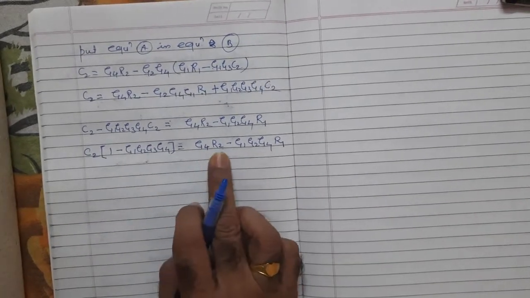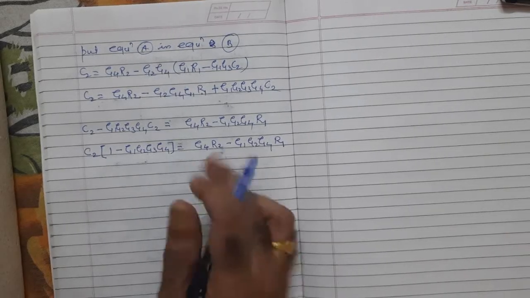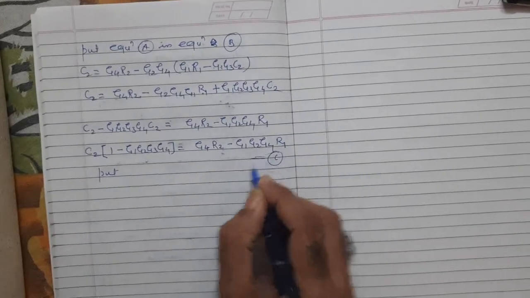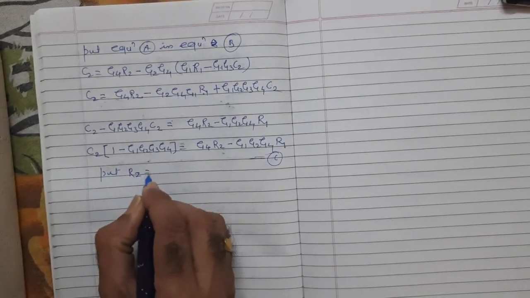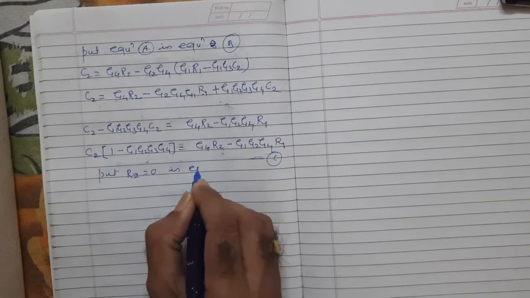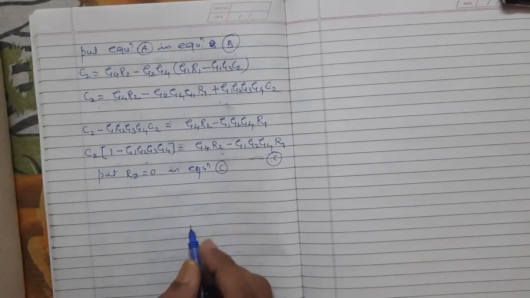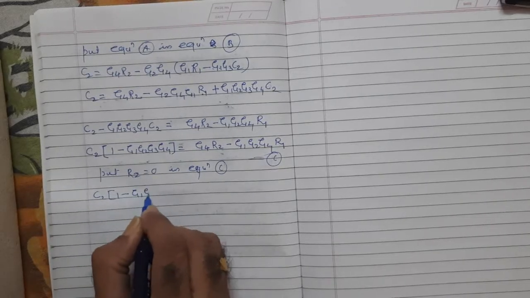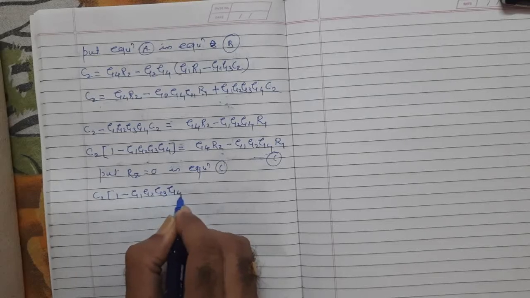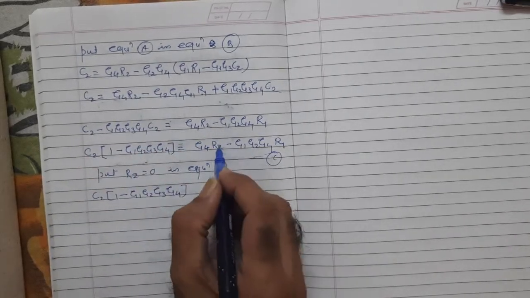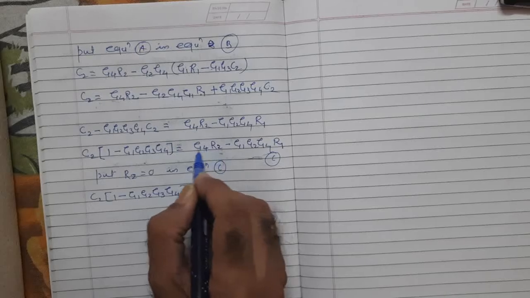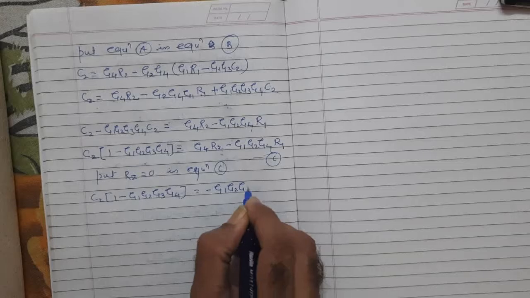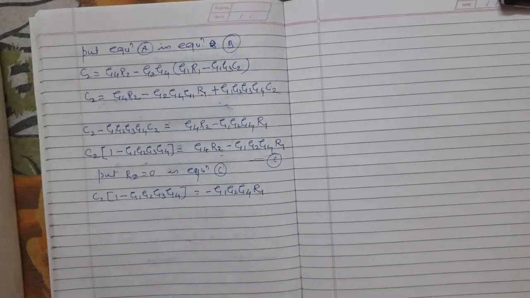Now in this equation, let us say this is equation C. Put R2 equals 0 in equation C. So this becomes C2 times (1 minus G1 G2 G3 G4) as it is, and these terms with R2 become 0. It equals minus G1 G2 G4 R1.